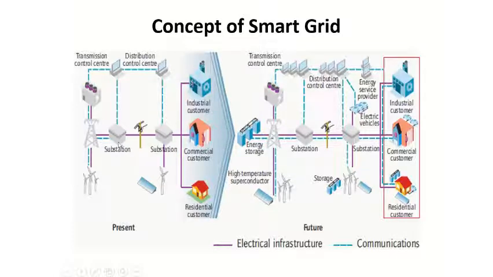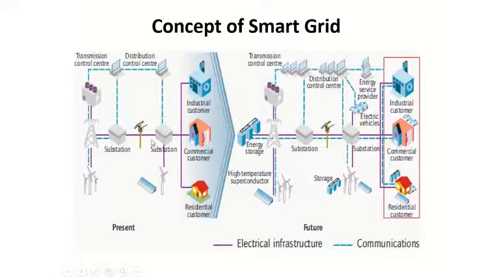That means electrical connectivity is there, but there is no communication between the consumers and the substations. This was, and still is, a major drawback in the present grid, which can be overcome in the smart grid, in which the entire system is connected through the purple line as well as the blue dotted line, which means the entire network has electrical connectivity as well as communication connectivity. So communication is very important.